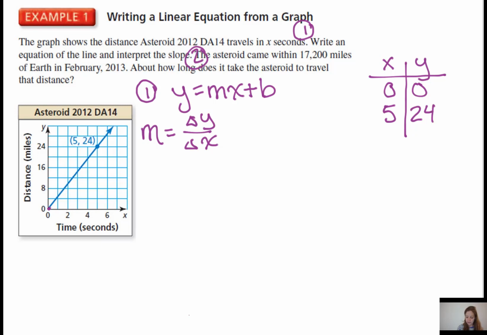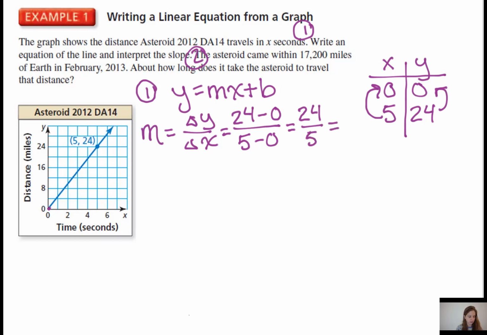So for the change in y, we subtract the y's: 24 minus 0, over the change in x, subtract the x's, 5 minus 0, equals 24 over 5, which is 4.8.